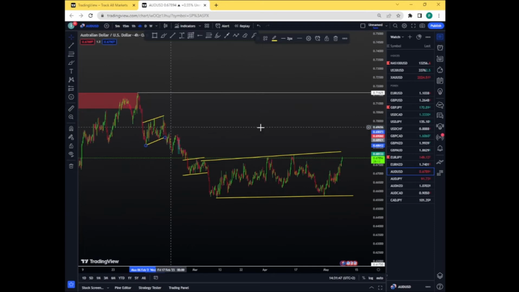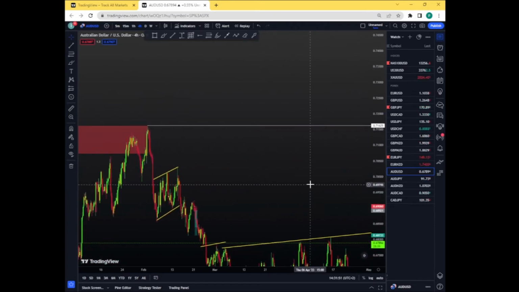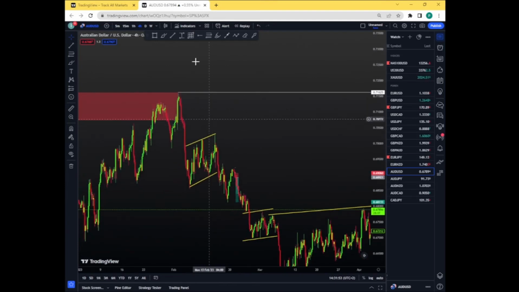Let's start from the high. From this high, we had a first touch here, a second touch here, and a third touch here.